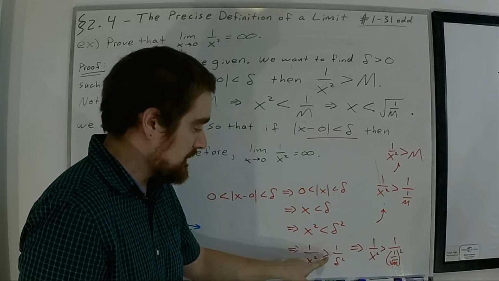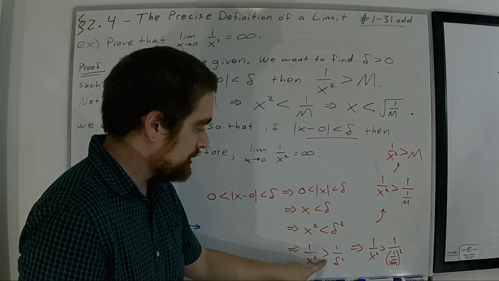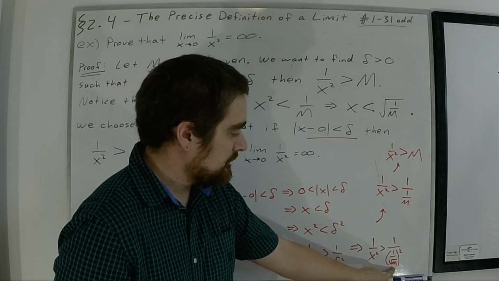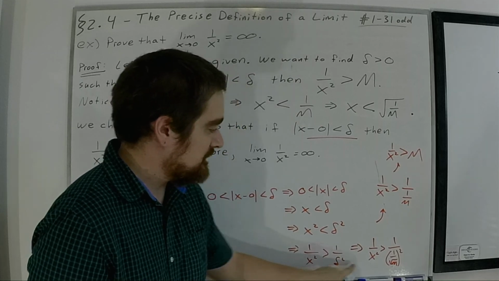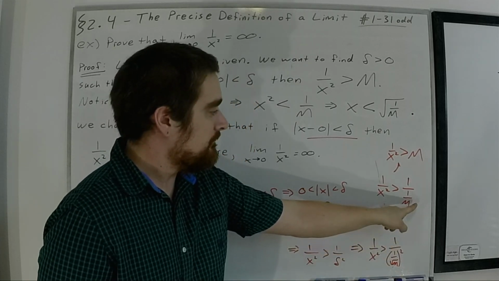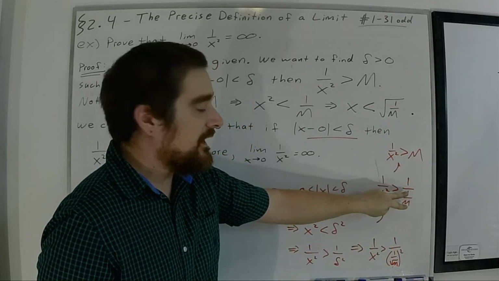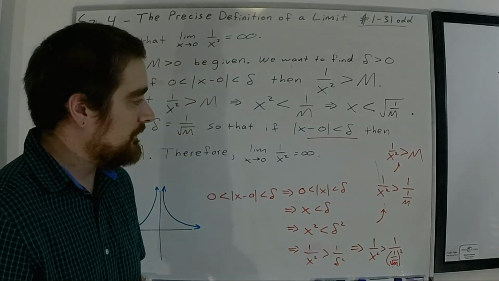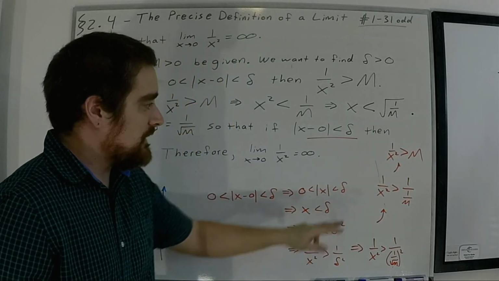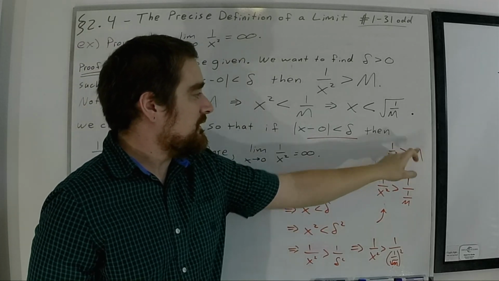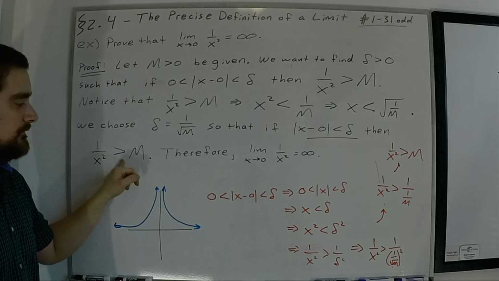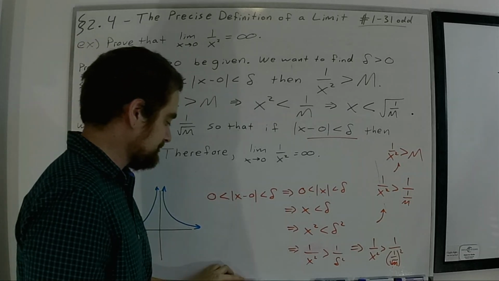When you reciprocate, though, you have to change the inequality the other way around, and then replace my delta with my chosen 1 over square root of M, but it still needs to be squared, so I square it up. And then, of course, I'm doing 1 divided by a fraction. We don't divide by fractions. We multiply by the reciprocal, M over 1. So I do keep my function above this very large value, M, which satisfies the definition.